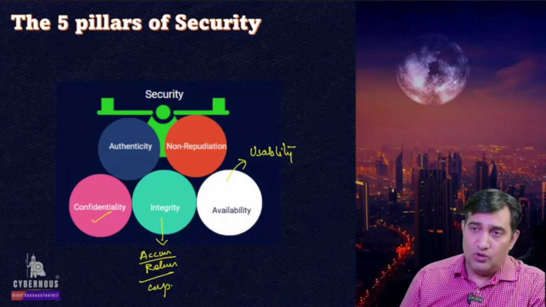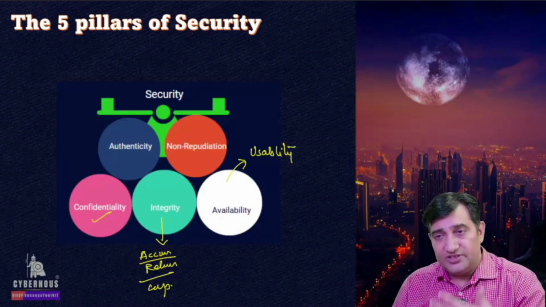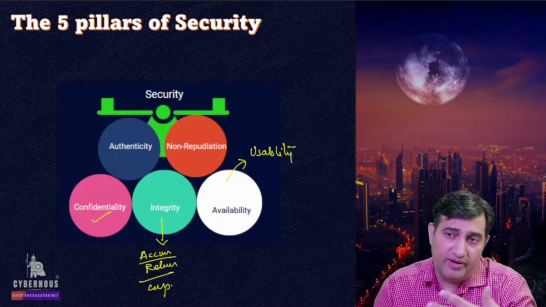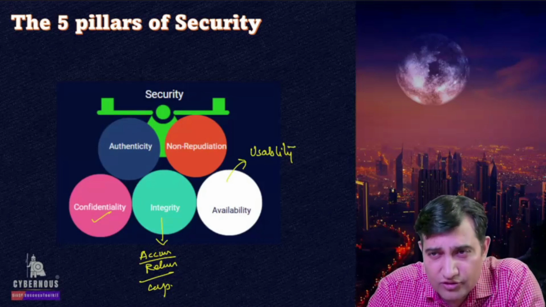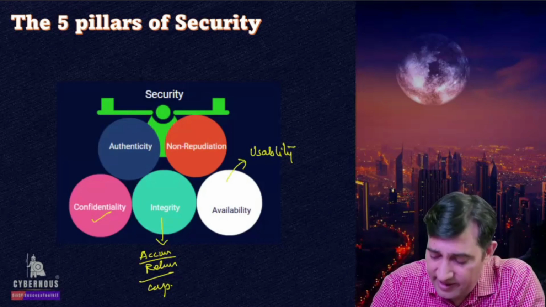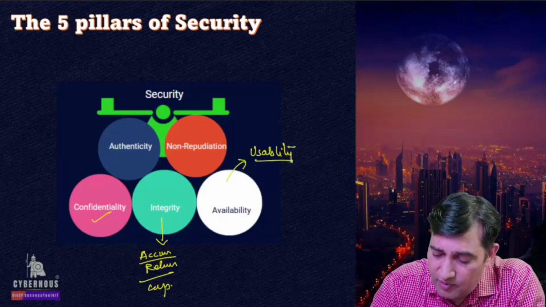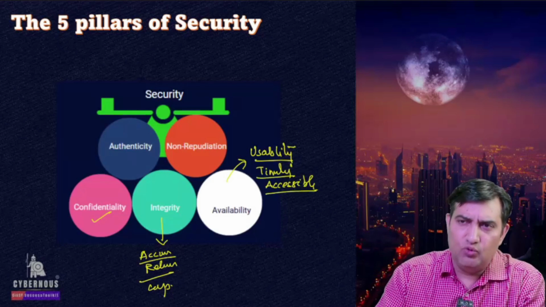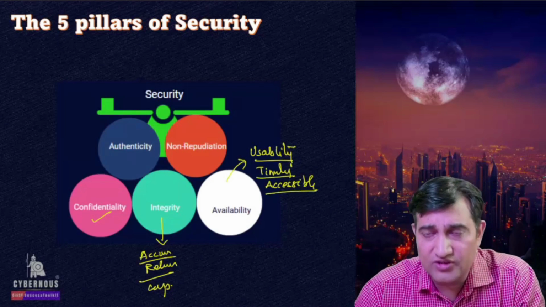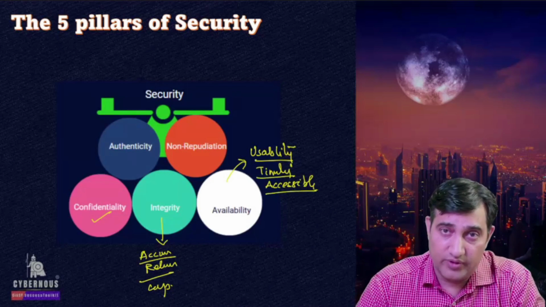Similarly, when it comes to timeliness, if information is available to you but not in a timely fashion, then what do you do? End of the day, it is loss of availability itself, right? So it is not just about usability, it is also timeliness and accessibility. You should be able to access the information in the way you want, in the right format you are able to consume. So that's very, very important.